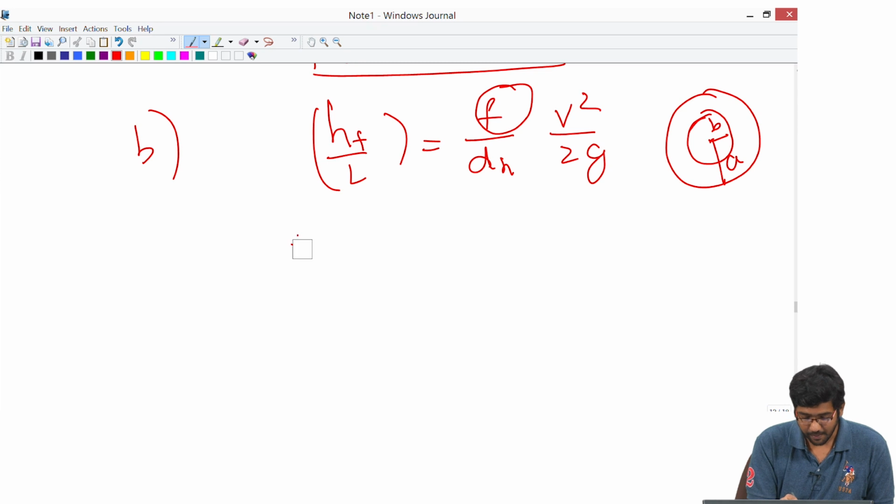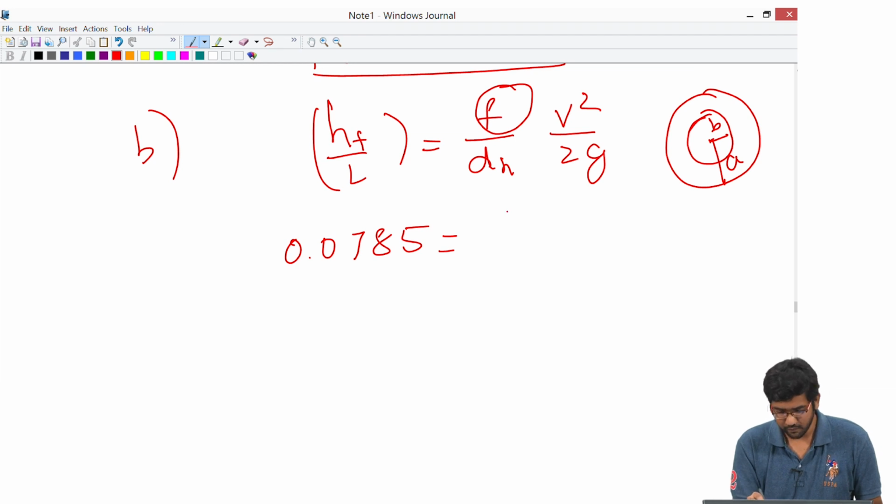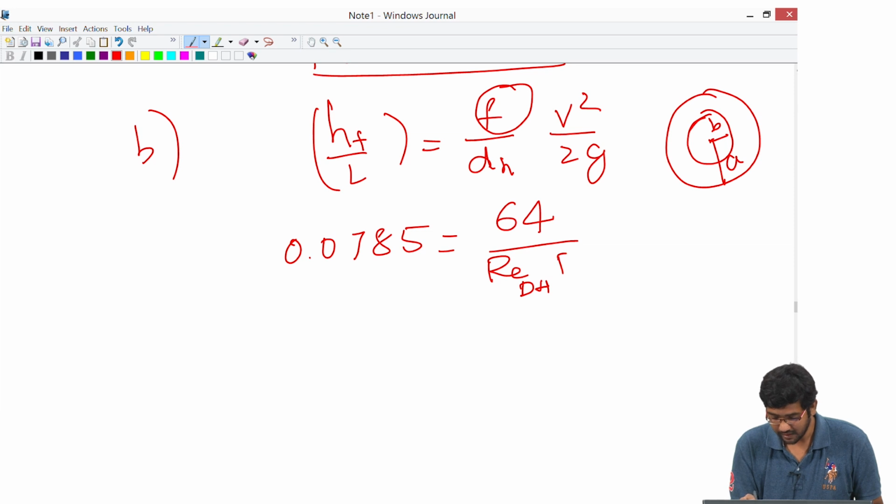So, for the circular pipe, we have obtained the head loss as 0.0785, and in the case of laminar flow, f is 64 by Reynolds number, which is defined based on the hydraulic diameter, and we have one more d_H here, and we have V square by 2g.